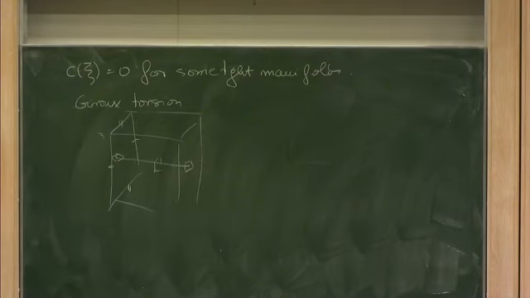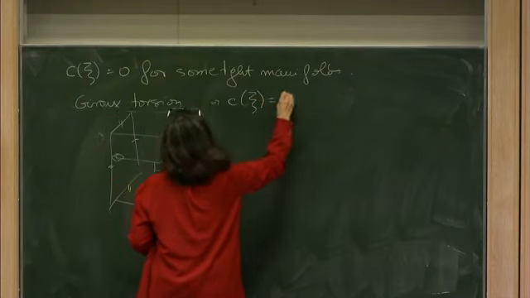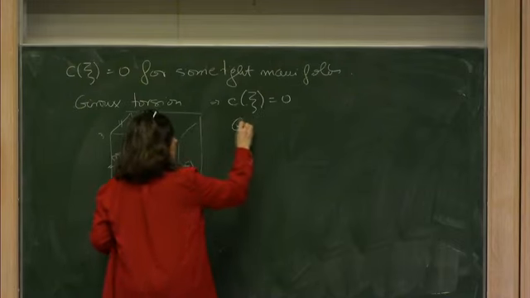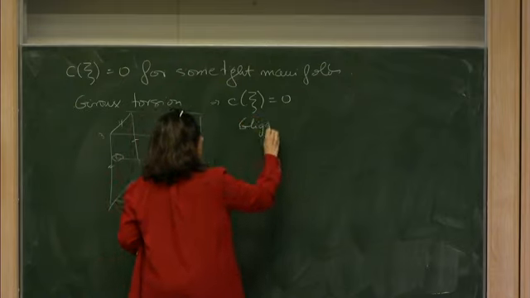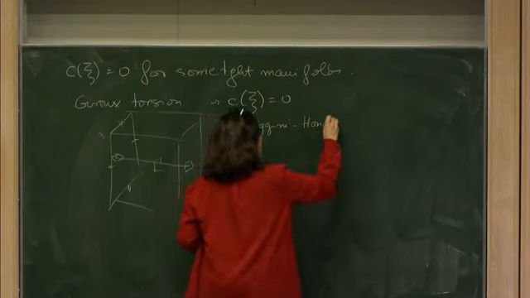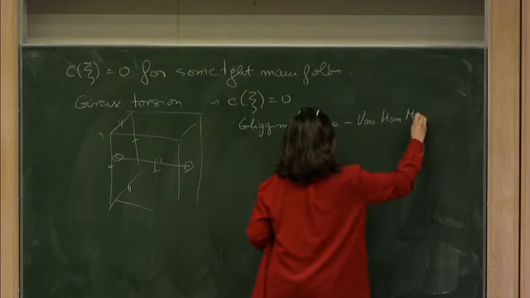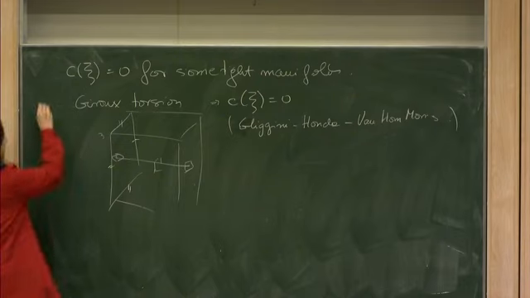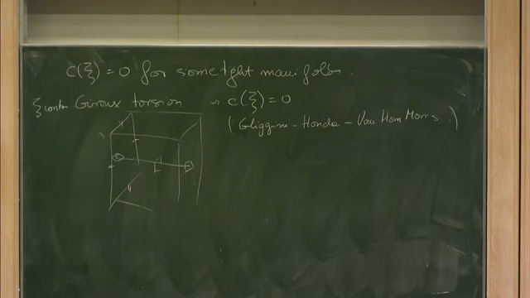When there is Giroux torsion, then we also have c of Xi equals 0. There is work of many people, but the final touch was done by Gay, Honda, and Jeremy Van Horn-Morris, who proved that if Xi contains Giroux torsion, then c of Xi is also 0.